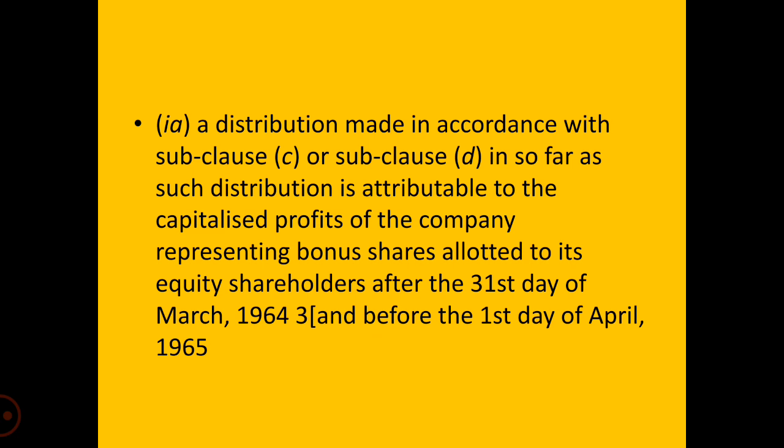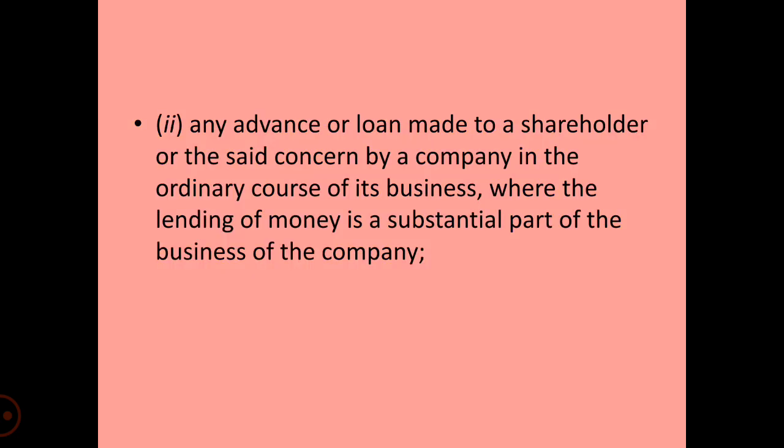Distribution made in accordance with subclause C or subclause D, in so far as it is any distribution attributable to the capitalized profits of the company representing the bonus shares allotted to its equity shareholders after the 31st day of March 1967 and before the first day of April 1965, which includes distribution attributable to the capitalized profits of the company representing the bonus shares.